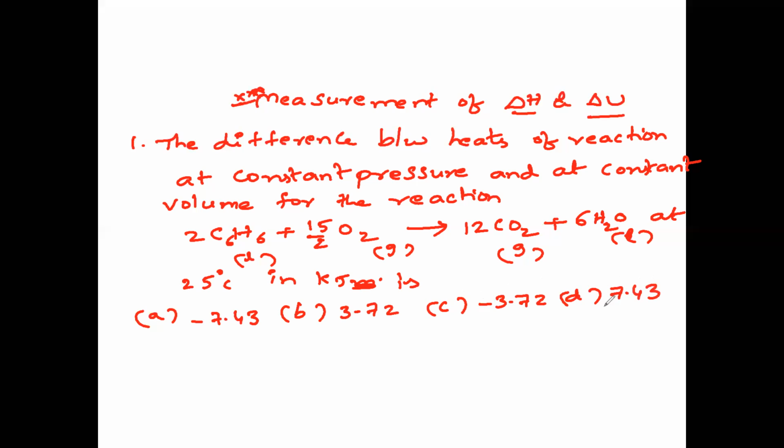Very, very important, this question. So how to calculate the difference between heats of reaction at constant pressure and at constant volume? For the reaction, 2 moles of benzene liquid, when burnt in excess of oxygen, forms carbon dioxide gas and water liquid. So here liquid and liquid, these two are eliminated because it is applicable only for gases.